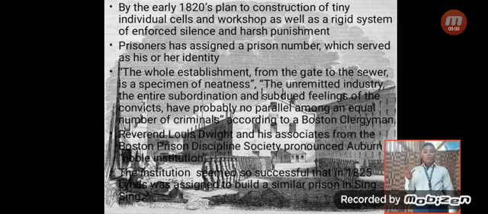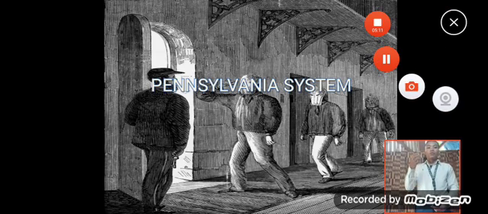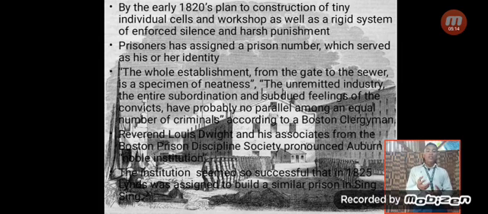So next slide. By the early 1820s, the Auburn Plan had resulted in the construction of 30 individual cells and workshops, as well as a rigid system of enforced silence and harsh punishment.